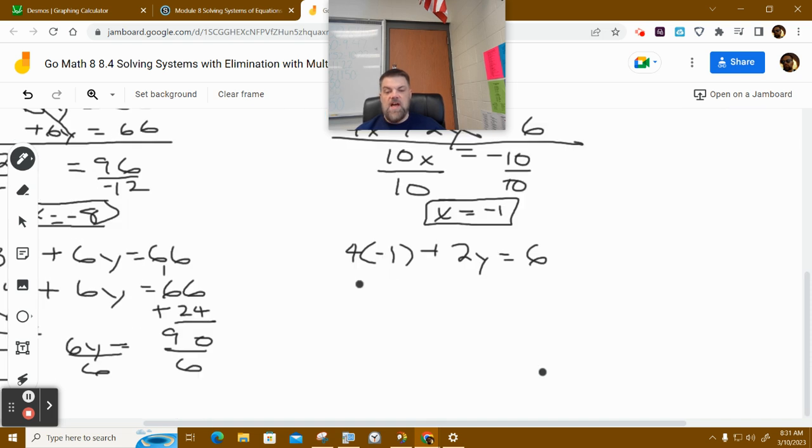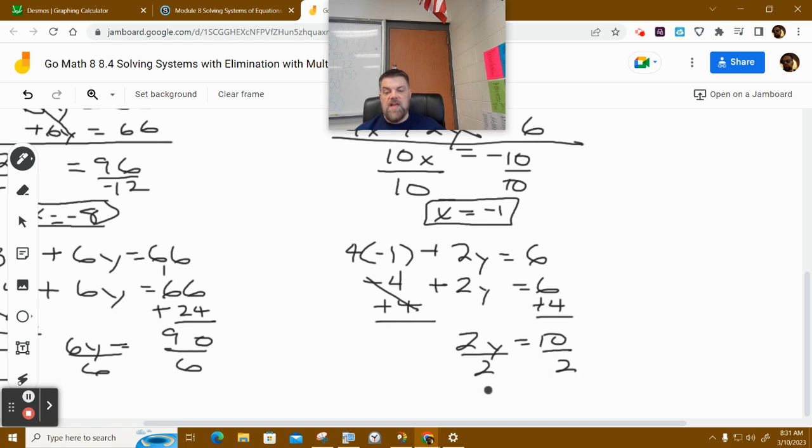Okay? This becomes negative 4 plus 2y equals 6. Then I add 4 to both sides. These cancel, and I get 2y equals 10, right? And I get y equals 5.